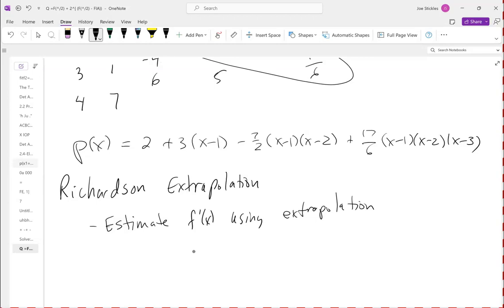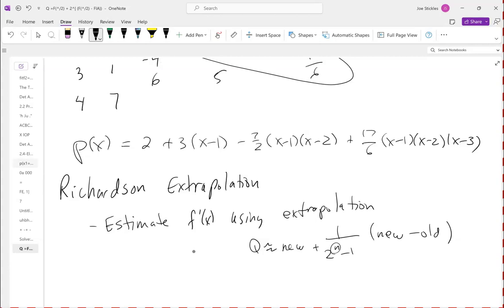Same idea. Remember that you're guided by the pattern for getting the next ones, rather than using a bunch of symbols. What goes in here is the order at that step. So if you start with an order 1 approximation, your first column has a 1 for the exponent, your next column a 2, and the next column a 3 for the exponent.